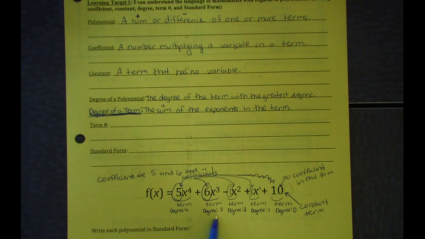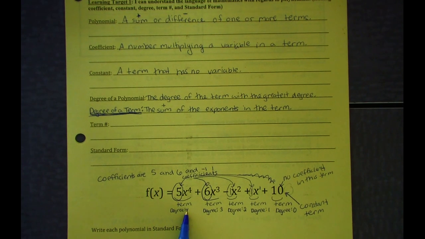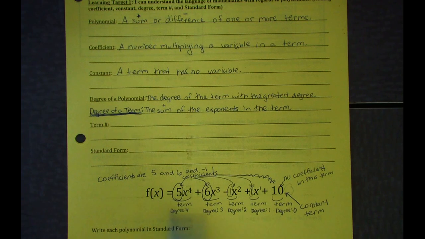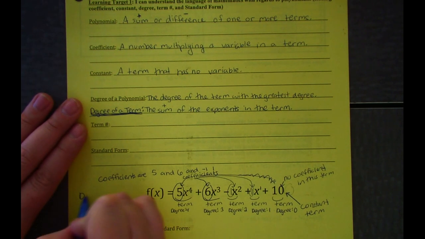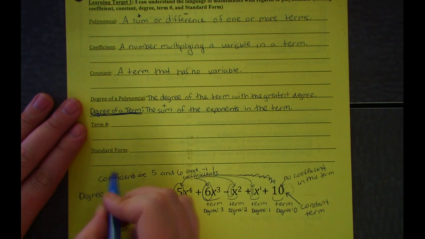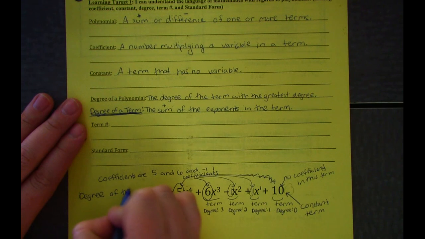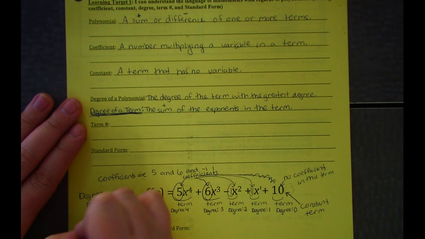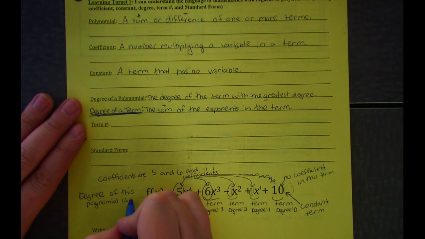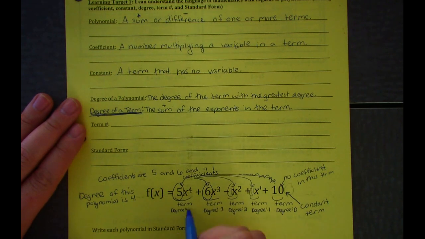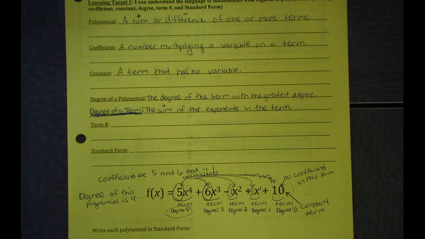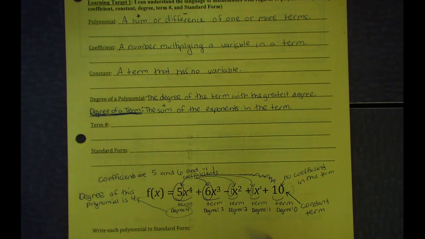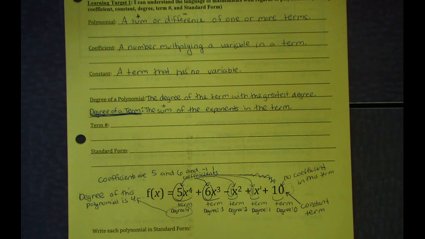So if we look at all these degrees, the biggest degree is 4. So that means that the degree of this polynomial is 4. So we'll say over here, degree of this polynomial is 4. Because that's the degree of the biggest term, or the term that has the biggest degree.